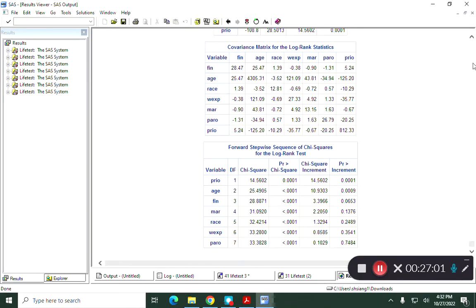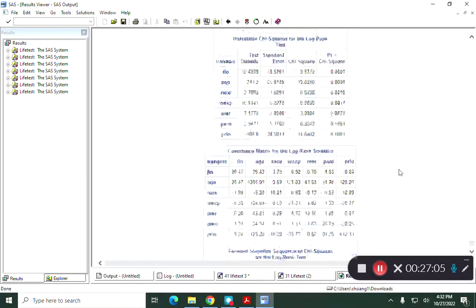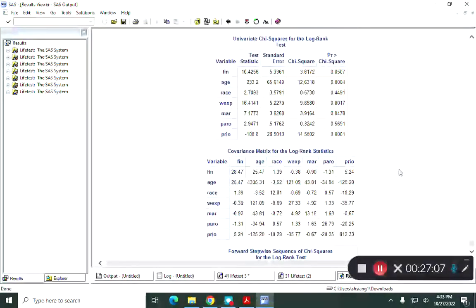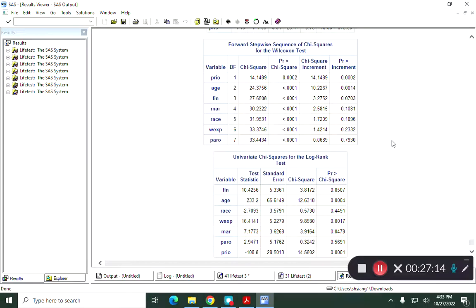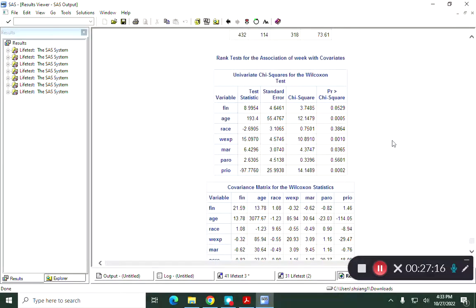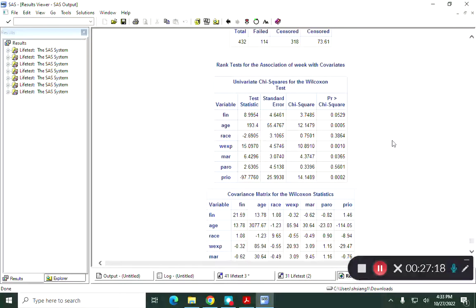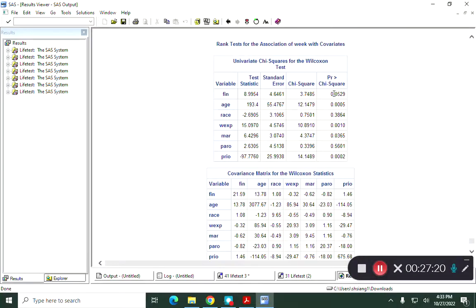This is not good. Okay, first things first, they show which variable is significant using the chi-square test one by one. Finance, almost significant, right? 0.05, maybe, right?